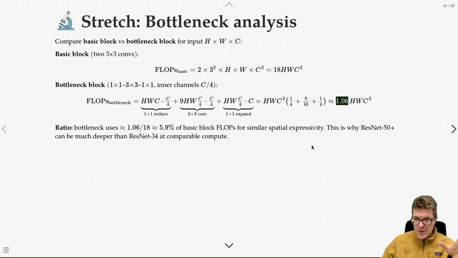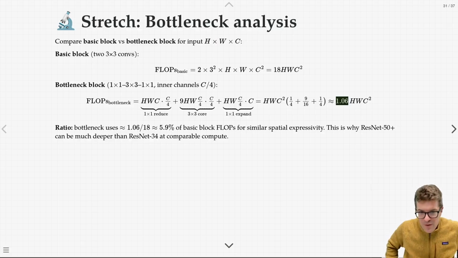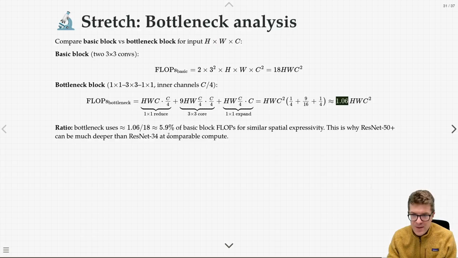Given the same spatial expressivity, the same resolution, and the other hyperparameters set appropriately, the bottleneck block can increase your efficiency. It can be 5.9% of the cost of the other.